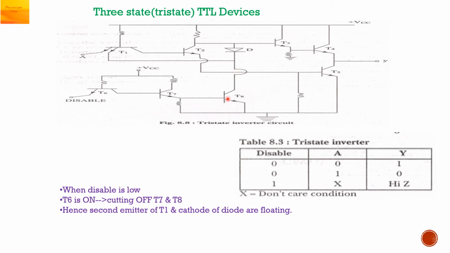As this part is not working, in the sense that it is disconnected from the circuit, we say that the emitter of T1 and the cathode of the diode are in the floating condition, disconnected from the circuit. The rest of the circuit acts as an inverter.